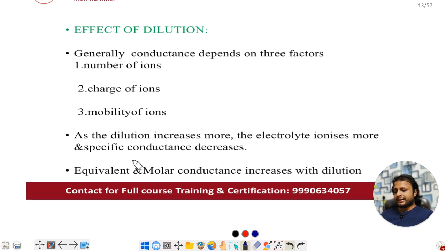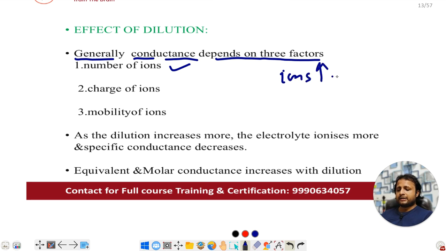Let us understand what exactly dilution is. Dilution means adding solvent to the substance. Generally the conductance depends upon 3 factors. First one is the number of ions; obviously if ions are higher, the conductance also will be higher.